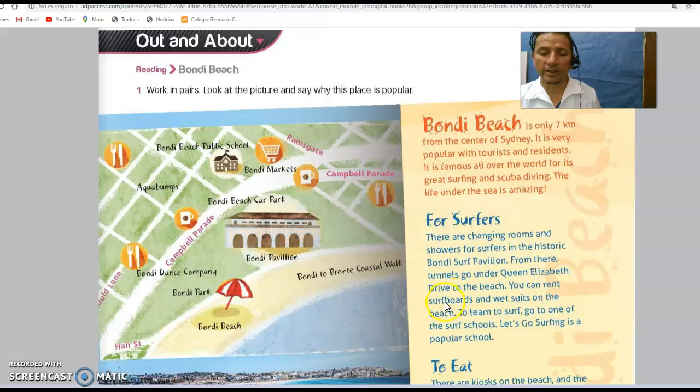You can rent surfboards and wetsuits on the beach. To learn to surf, go to one of the surf schools. Let's go surfing. It's a popular school.